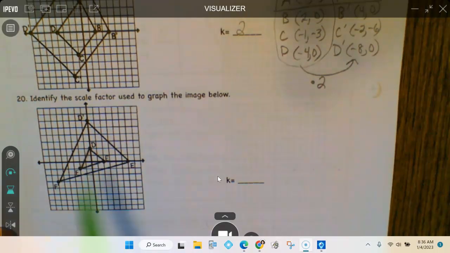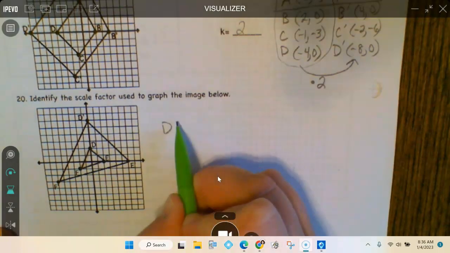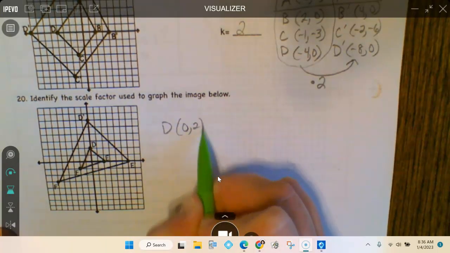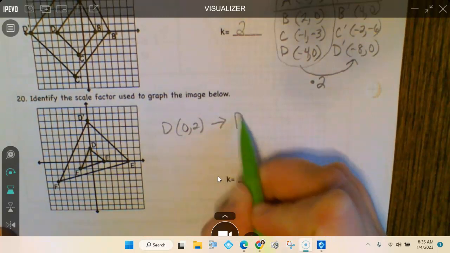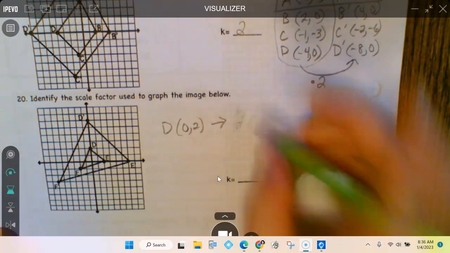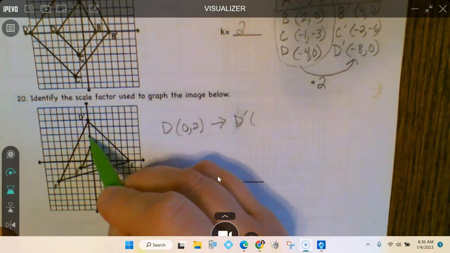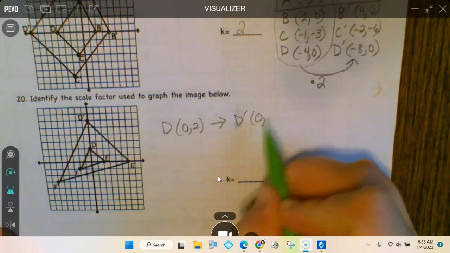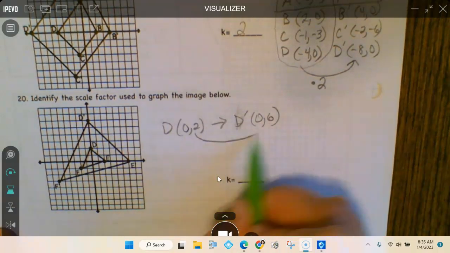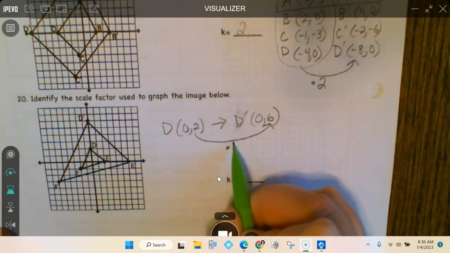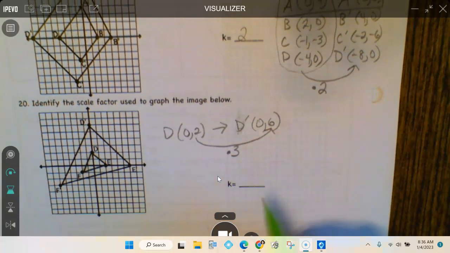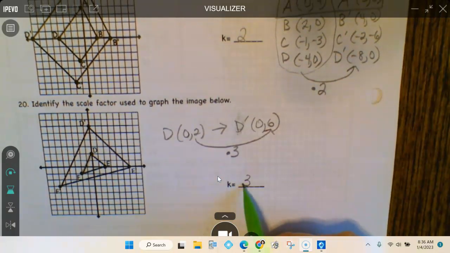Let's just look at D. So D is at 0, 2. And it goes to D prime, which is at 0, 6. And what that looks like is a multiply by 3. So our scale factor is 3.